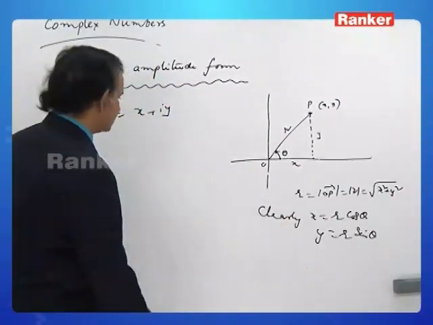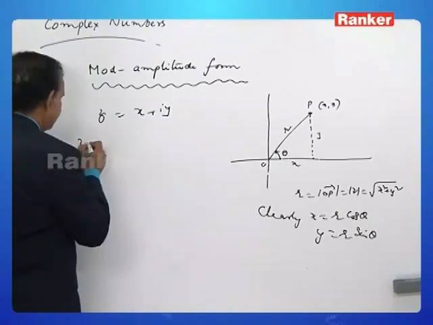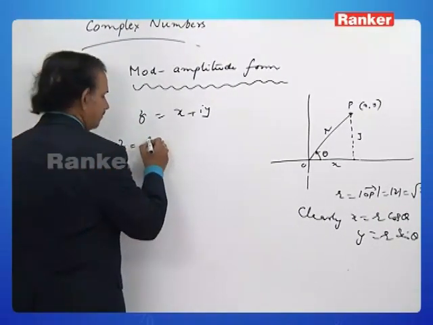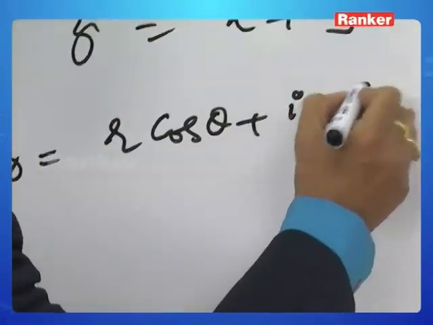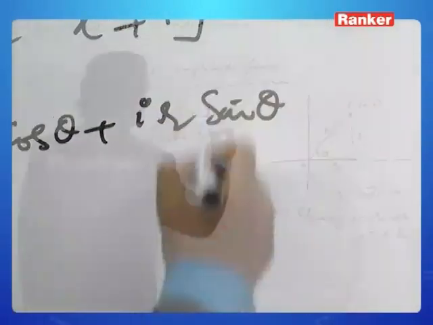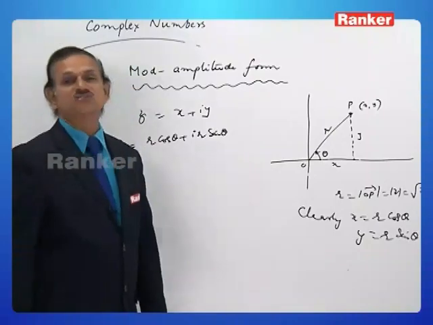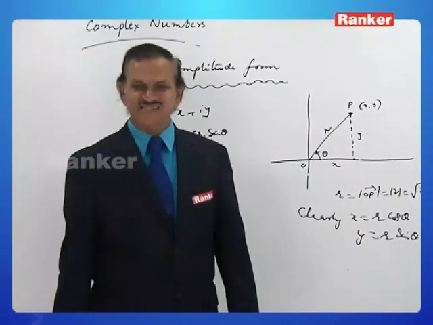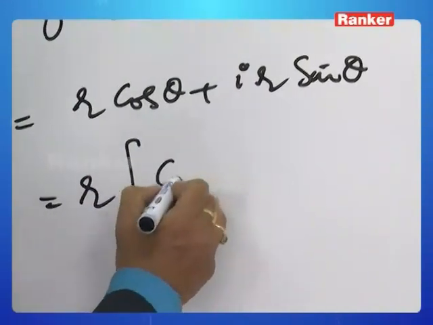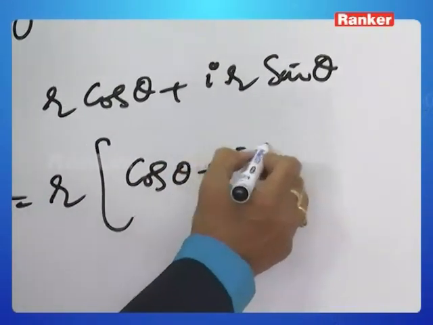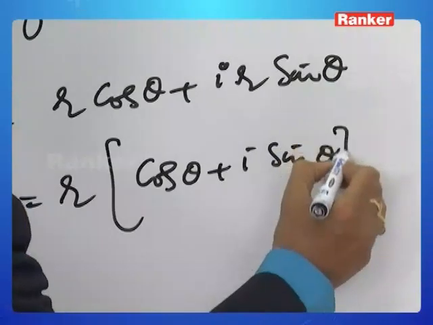Use those two here. What is going to happen to z? It is nothing but r cos theta plus i into r sin theta. This is equal to, again it takes the form r into cos theta plus i sin theta.